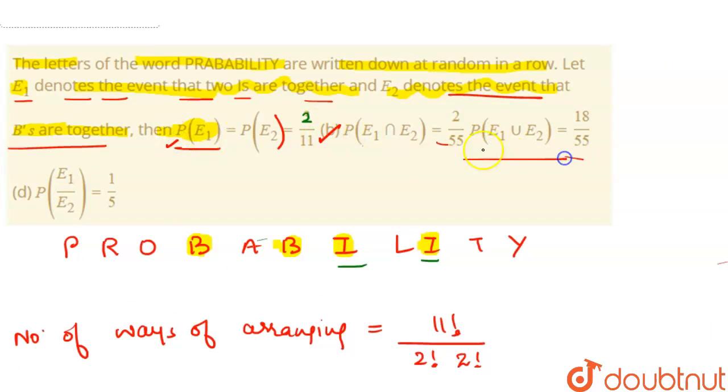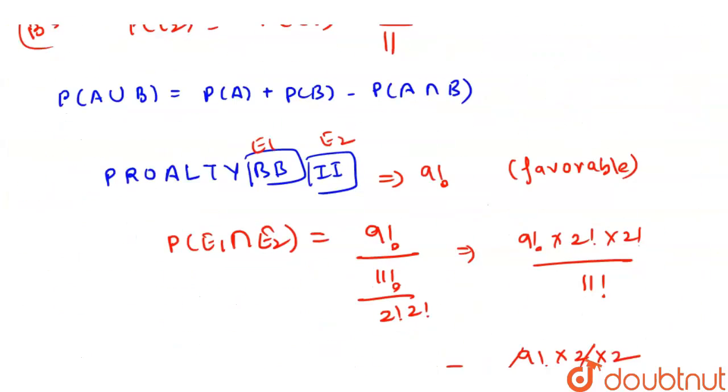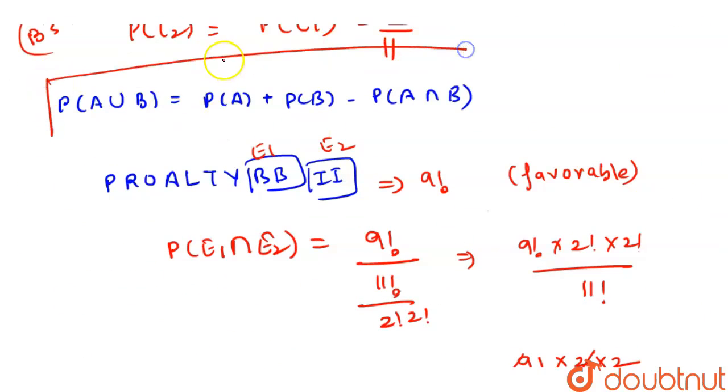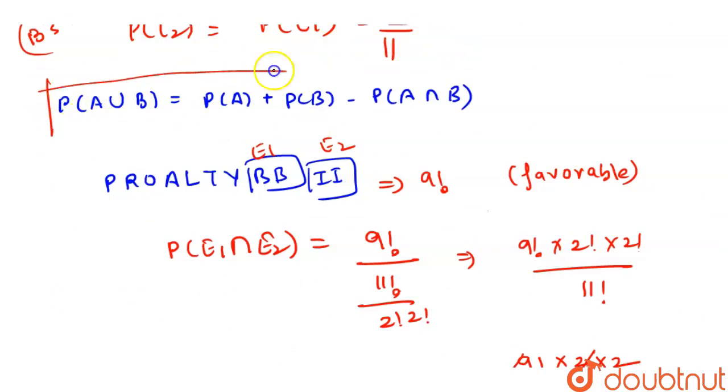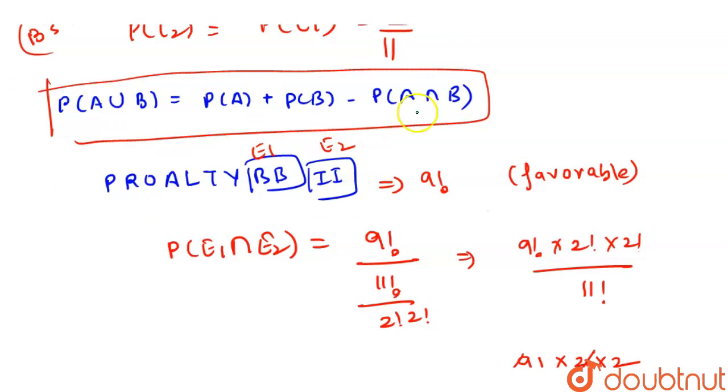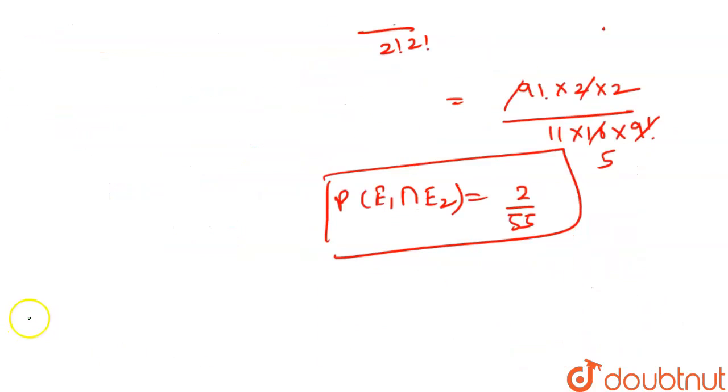Now we will check the third option, that is the union. For the union we have this formula. P of A union B means either event A will occur or event B will occur.